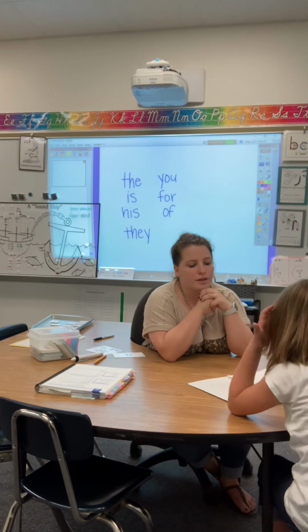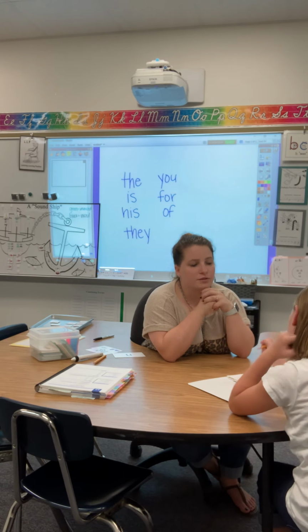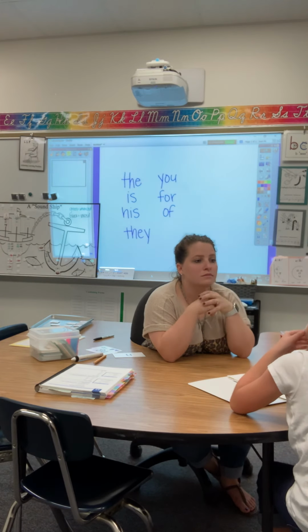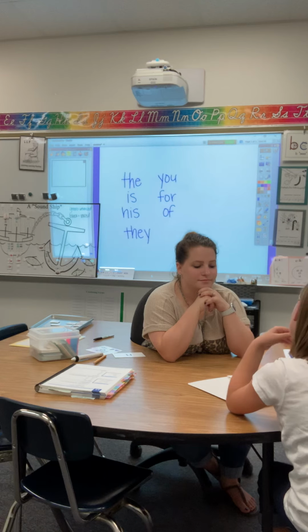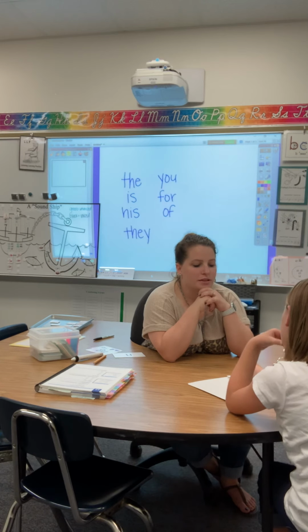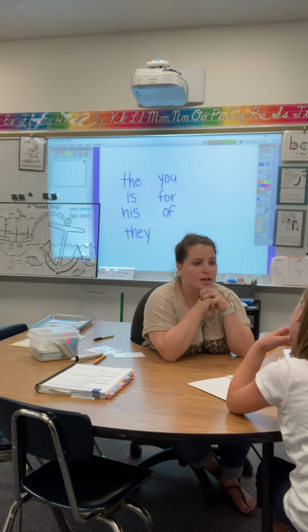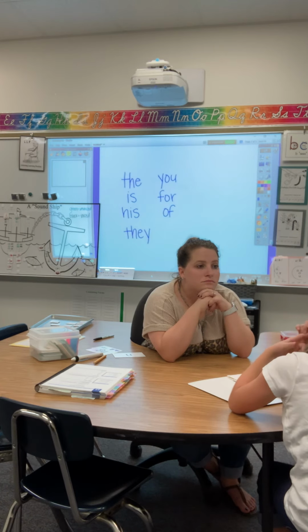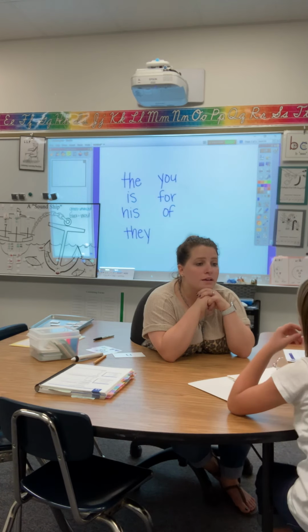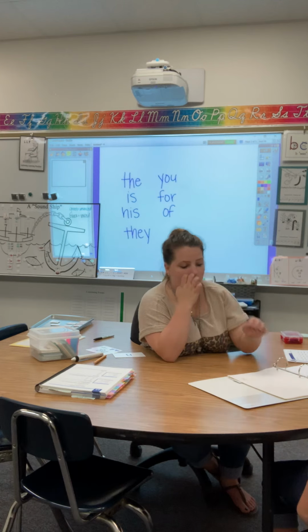Okay, and how would we code that? Perfect. You ready? When does the N make that sound? When it comes before A? Before A. Or before K. There you go.